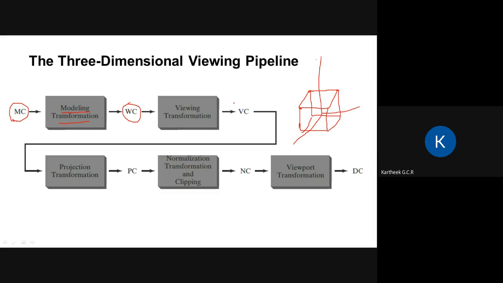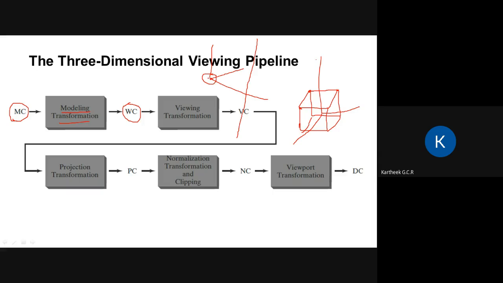Once that happens, you will also have a viewer. This viewer will have a viewing plane and his own coordinate system. Now, according to this viewing coordinate system, what is the position of this point?